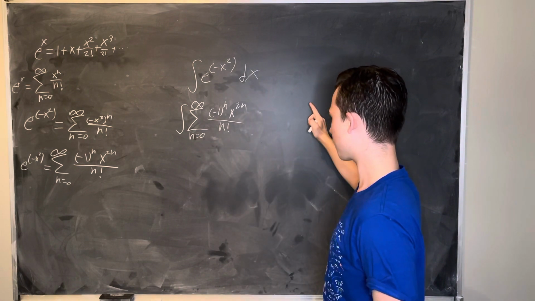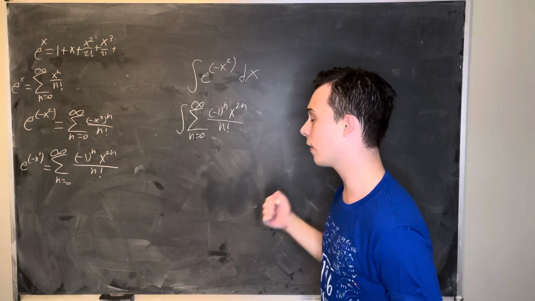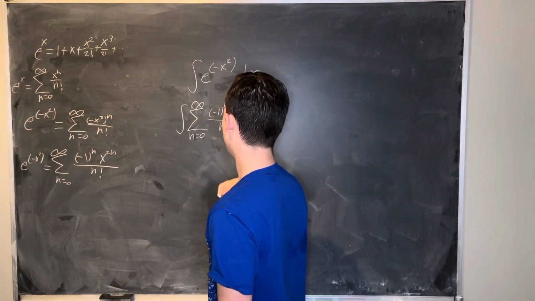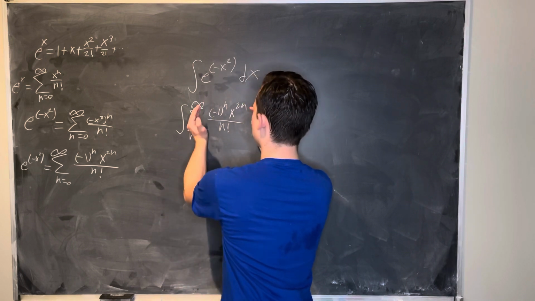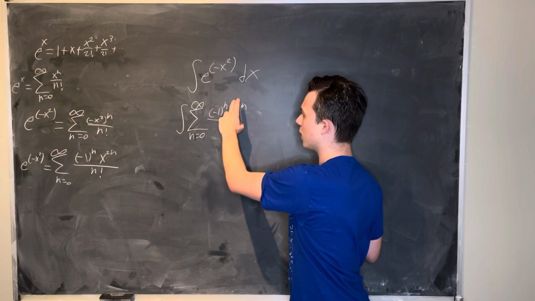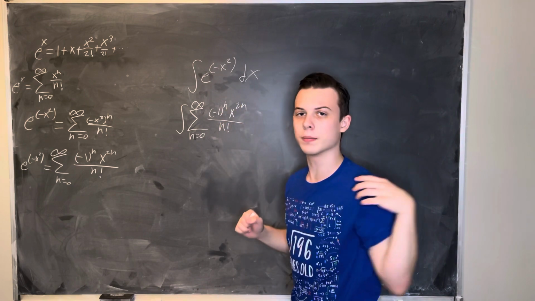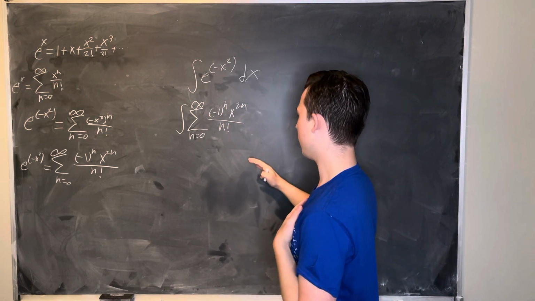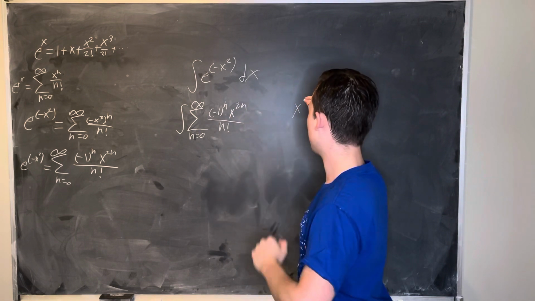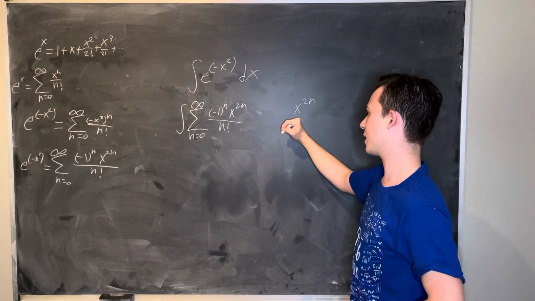Now, we know that the integral of the sum is equal to the sum of the integrals. So we can swap these and integrate the inside term. So we know that anything to the n is going to be constants. We only want to concern ourselves with terms with x's in them, right? So the only non-constant here is x to the 2n. Now, you may look at x to the 2n and say, okay, well, great, how do I integrate that with respect to x? There's n, right?